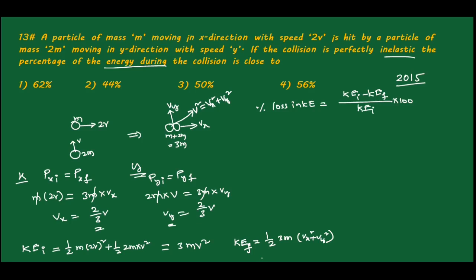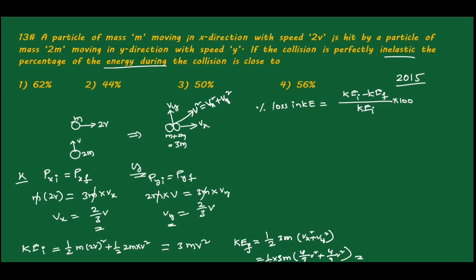So substituting all the values and simplifying, you will get vx^2 is 4 by 9 v^2 plus again 4 by 9 v^2.